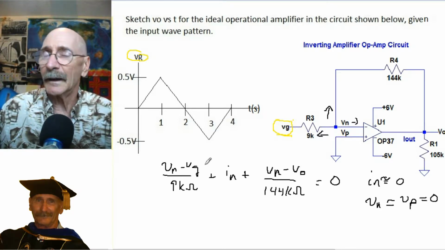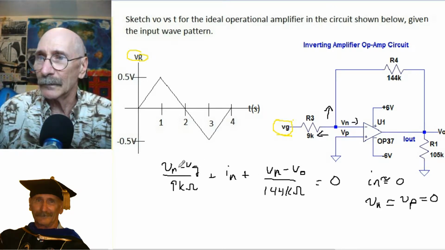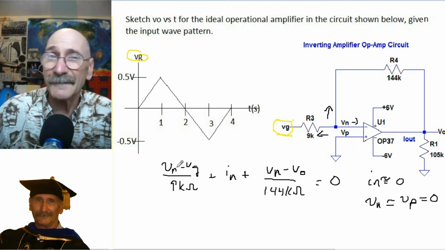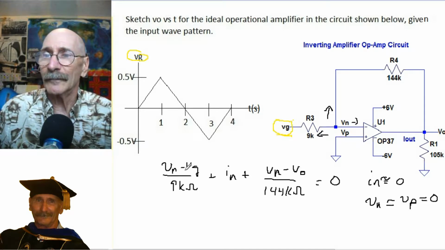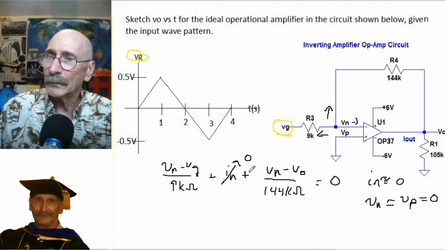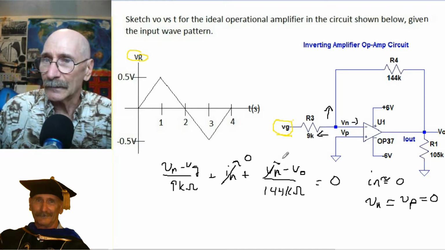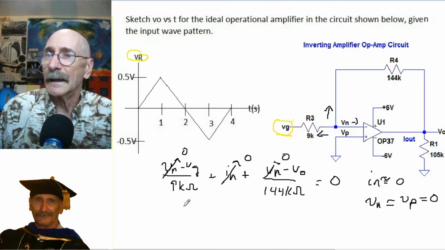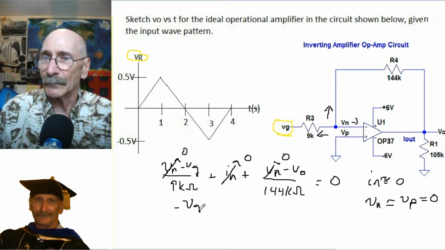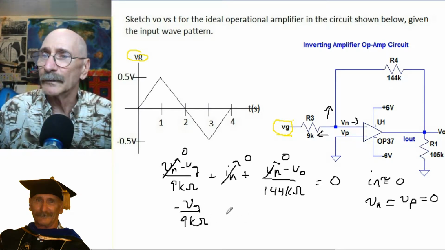In a balanced circuit, Vn is going to be equal to 0. In an unbalanced circuit, maybe not so much, and it'll always be a tiny little fraction of a bit off. Once we drop these in, In goes to 0 and Vn goes to 0, and what we get is minus Vg over 9k ohms minus V out over 144k ohms equals 0.